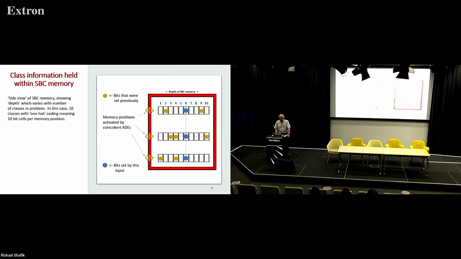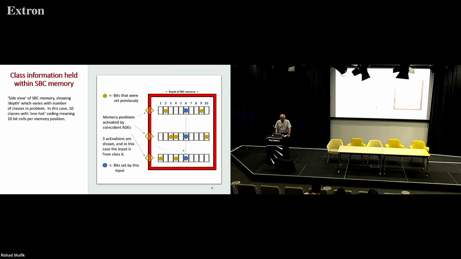Obviously, if we expose the memory to the same training data item again, we get exactly the same ADEs active. We get exactly the same memory locations active. So we'd be setting exactly the same locations again. In other words, that would make no difference. So multiple passes through the data in the absence of training noise makes no difference. The memory learns everything there is to learn in a single pass.